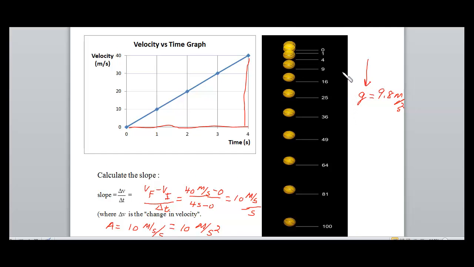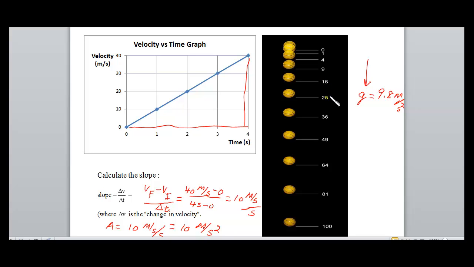Let's examine our falling object a little more carefully. This object, as you can see, these numbers are changing. In fact, the spacing is increasing. It goes from 4 to 9, that's a difference of 5, and then from 9 to 16, that's a difference of 7. And basically, the reason is because this object is going faster and faster, so it's covering more and more distance per unit time.